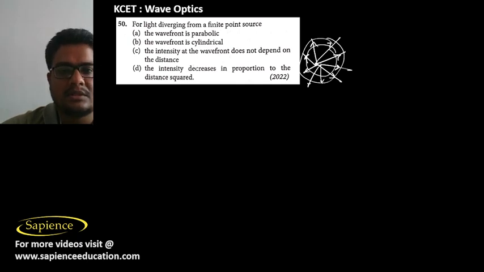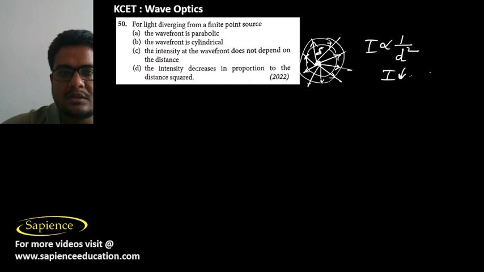No, the intensity is inversely proportional to the square of the distance from the source. Here the source is placed. So the intensity decreases in proportion to the distance squared. So option D is the correct answer.